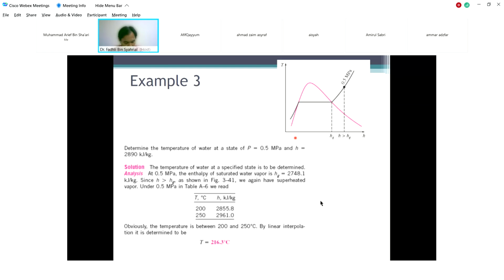At 500 kilopascal, the Hg is 2748.1 and Hf is 640.09. These are the values for Hf and Hg.